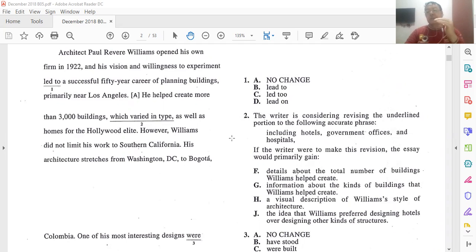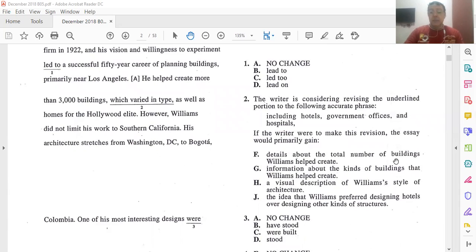Details about the total number? No. Information about the kinds of buildings that Williams helped create? Yes, that's it. But let's read the other options. Visual description? No. The idea that Williams preferred designing hotels? No. So G should be the correct answer.